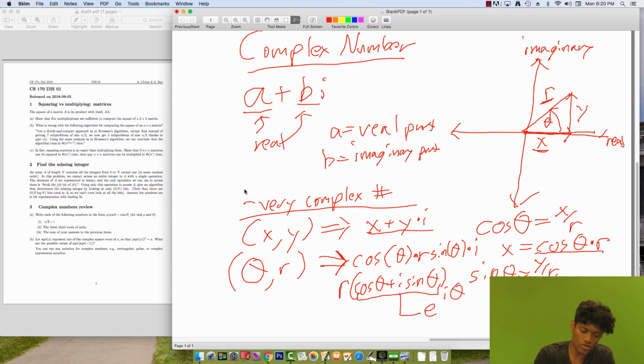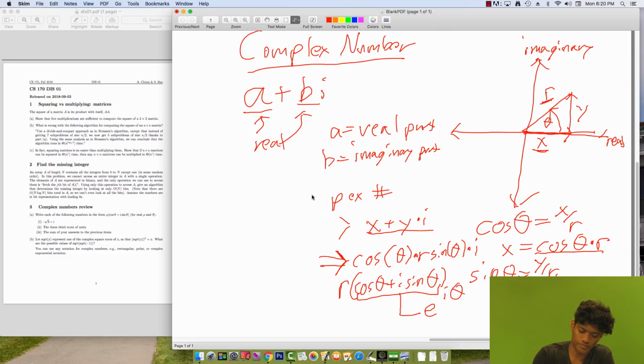In total, what we get is that there are two expressions for our complex number.